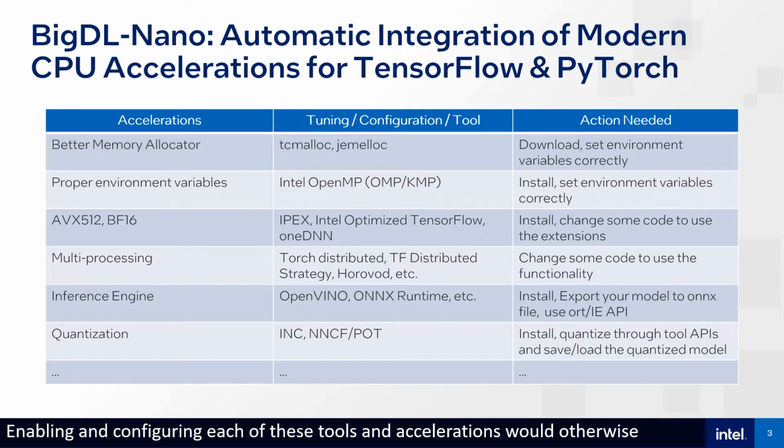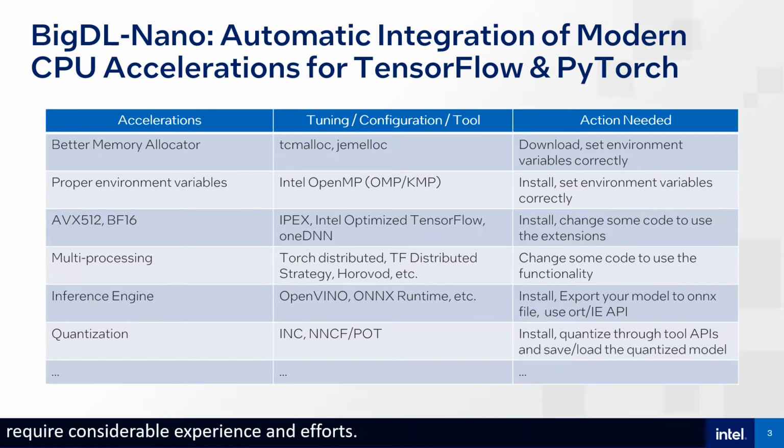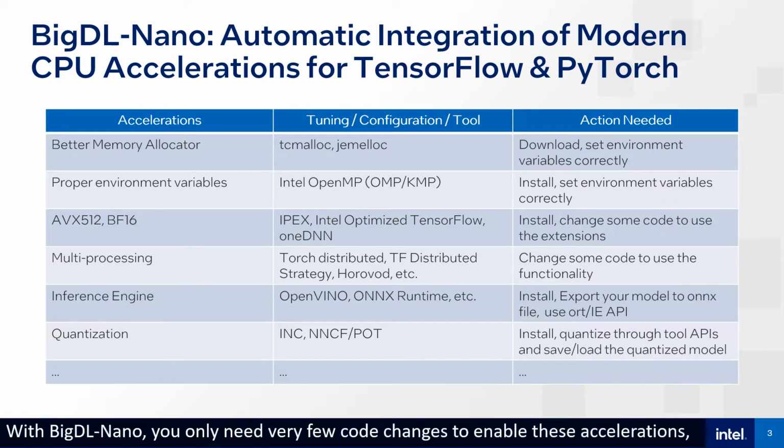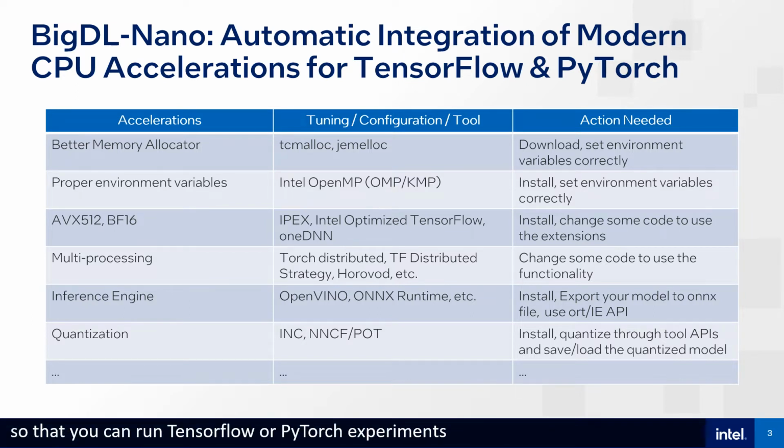Enabling and configuring each of these tools and accelerations would otherwise require considerable experience and effort. With BigDL Nano, you only need very few code changes to enable these accelerations so that you can run TensorFlow or PyTorch experiments much faster on your laptop or workstation.